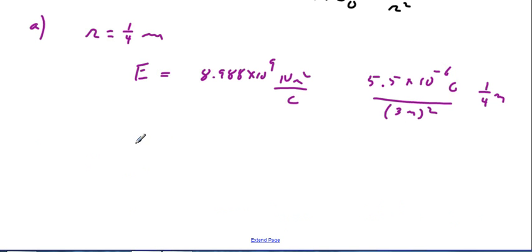Before we had a 0, and now we have 458 newtons per coulomb.